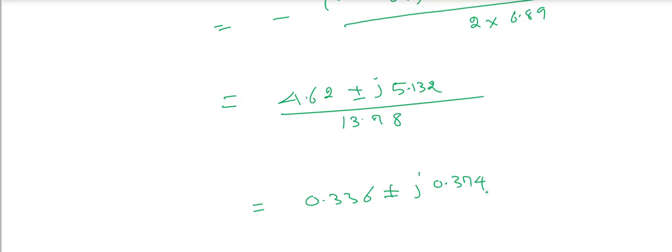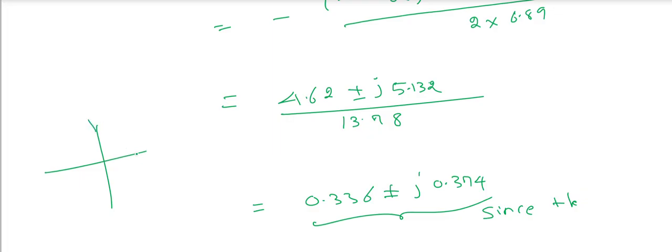So since the poles are located in the z plane, in the z plane unit circle, for stability all the poles should lie inside the unit circle.